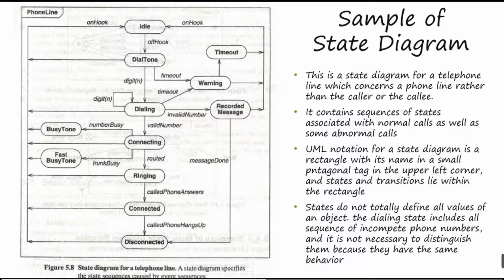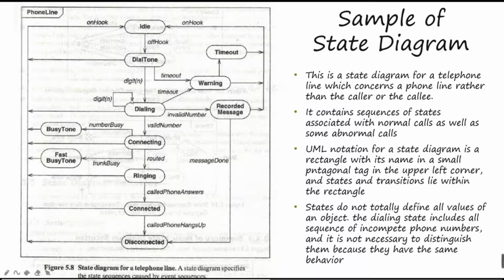For example, if a normal phone number is 9 digits, then after you have dialed 9 numbers and it is valid, it will go to the connecting state. Otherwise, it will be invalid.